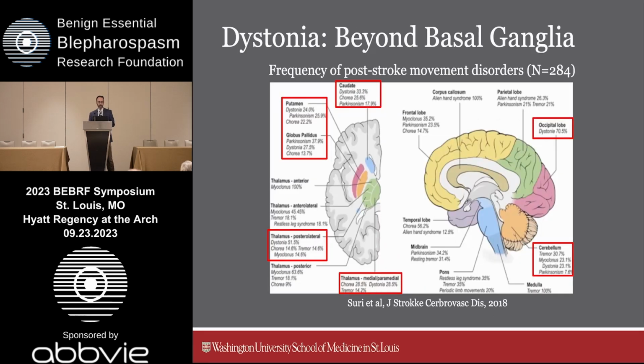There has been a relatively recent shift in that dogma as we have increased technology, as we have increased access to patients with dystonia and recognition of it. Again, busy slide. The point of this slide is that following stroke, a reassessment by a group in Cincinnati in 2018 demonstrated that not only stroke of the basal ganglia contributes to dystonia, but so does stroke of the motor cortex, so does stroke of the thalamus, so does stroke of the cerebellum.